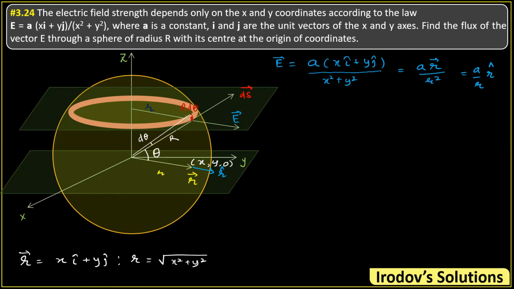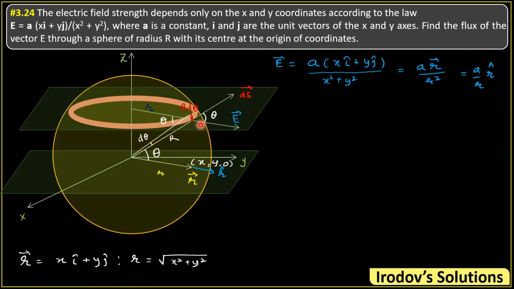And suppose this ring has some width, that width is r d theta, because the radius of this sphere is r and this angle is d theta, so this ring has a width r d theta. And if this angle is theta, that angle will also be theta.